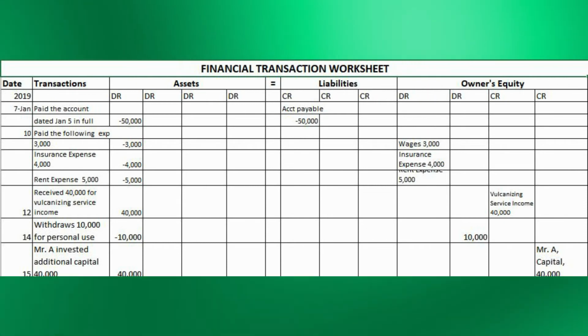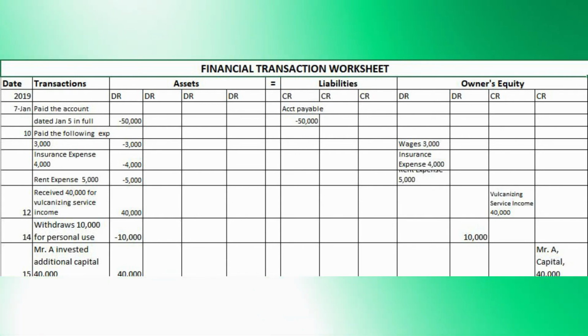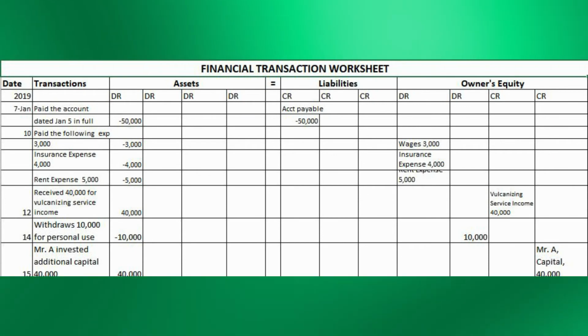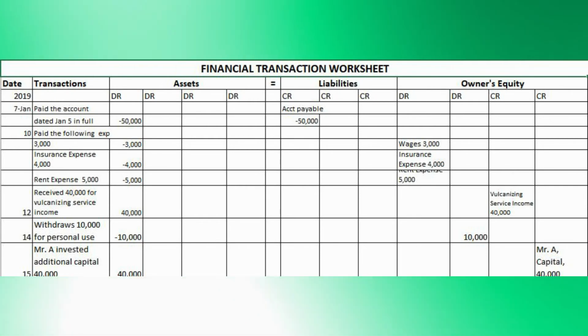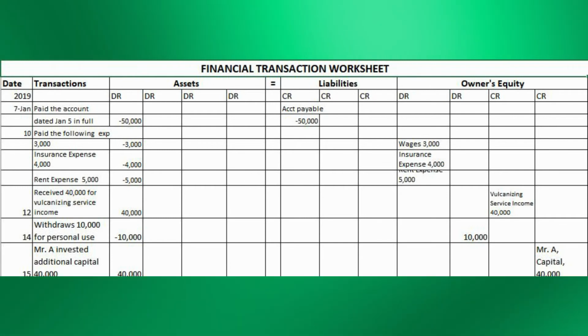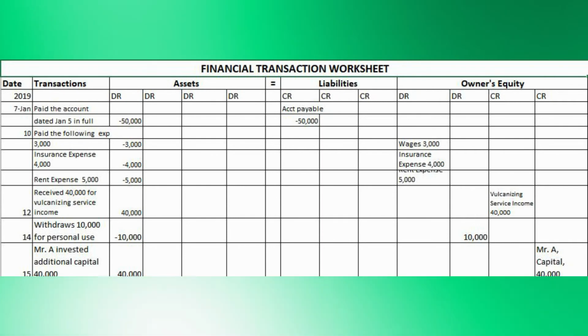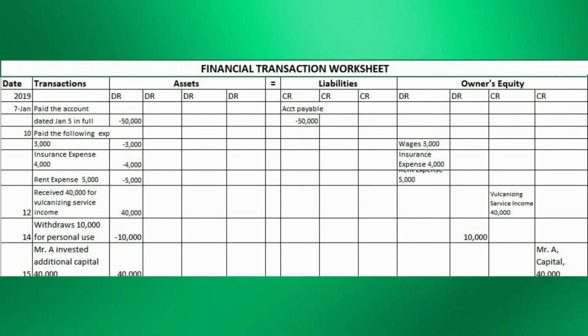On the next transaction, January 12, this time the business earned or received cash of 40,000 from services. We call this vulcanizing service income. So you have on the left side an increase of cash, 40,000, and a corresponding increase in the owner's equity under the name vulcanizing service income, 40,000.